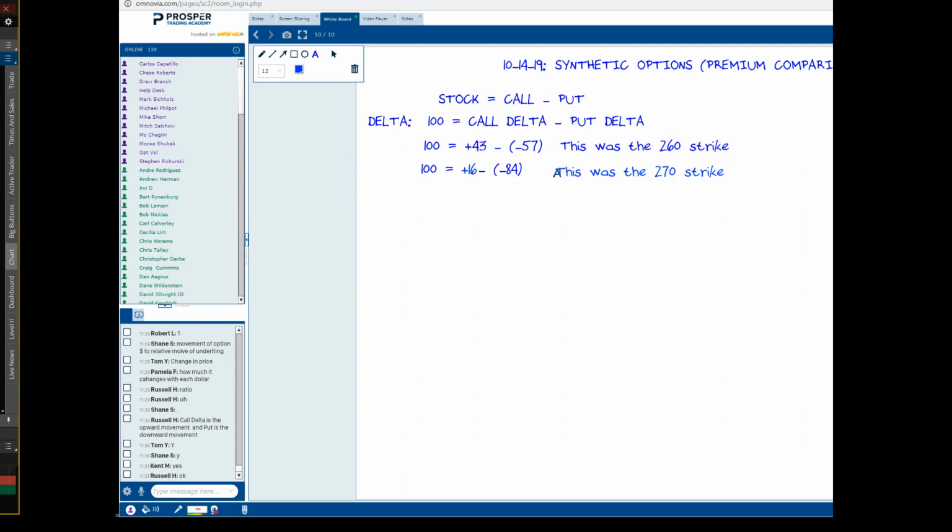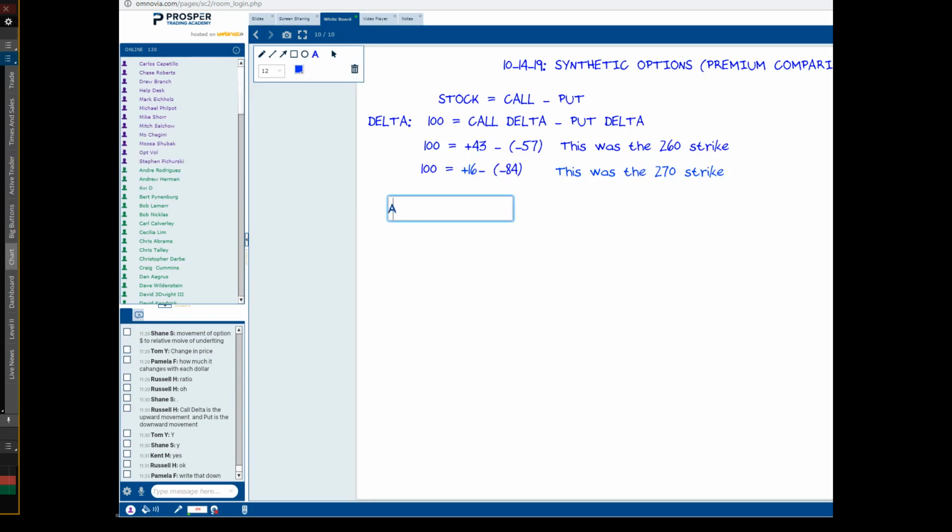And if you wanted to be short stock, okay, you would be short a call and long a put. And the deltas would all match up, equal up from this algebraic equation. Okay, so a synthetic stock position would be plus call minus put.